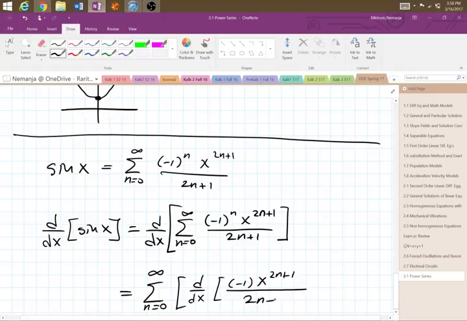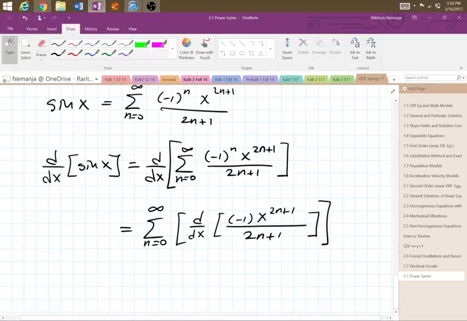So I am differentiating only this expression inside, and further this (-1)^n over 2n plus 1, that's constant, so that as well can go in front of the derivative.